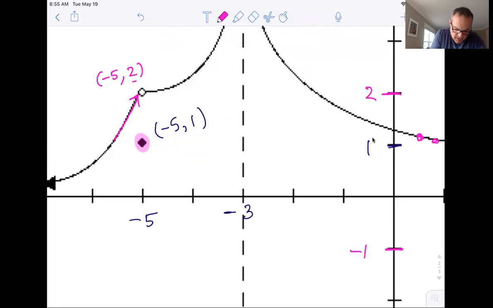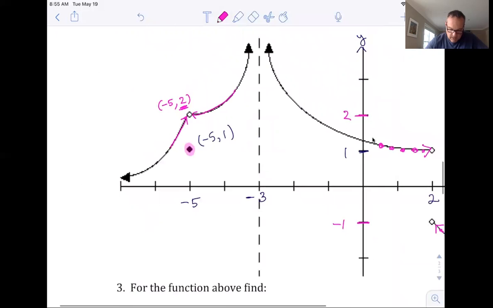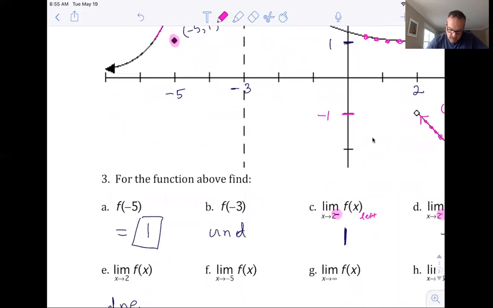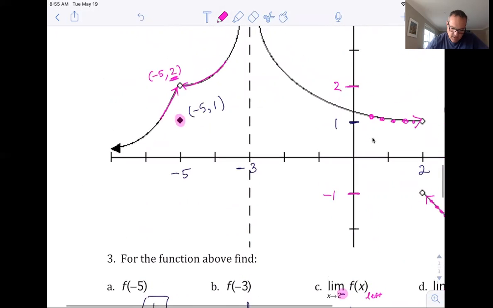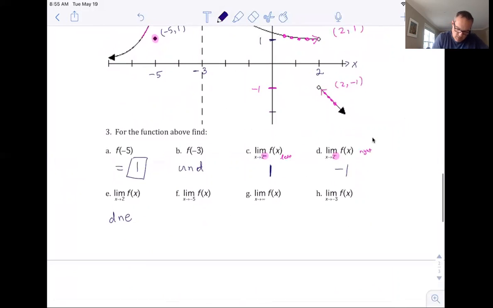So the left side gets close to 2. Let's look at the right side. Here's the right side. Guess what? The right-side limit is 2. The value doesn't exist at 2. Well, it does. It exists lower, but limit is what you keep getting close to. So guess what? That limit as x approaches -5, it's up there. This is what the limit actually is. It's up there at 2. So the answer to F there would be 2.